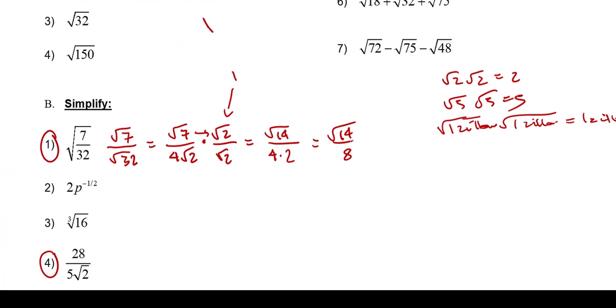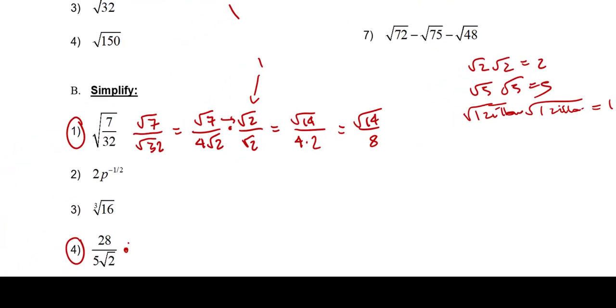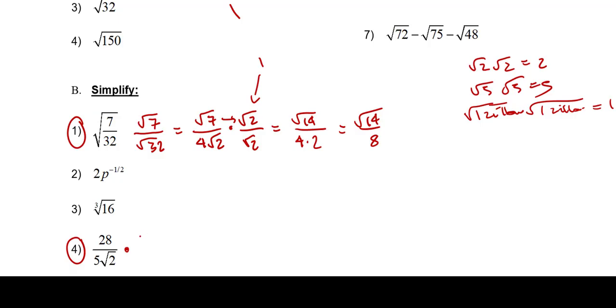And down at the bottom, same type of problem where I'm rationalizing the denominator. It's going to be multiplied by the square root of 2 over square root of 2 again. It's going to be 28 root 2 over 10. Now you have to simplify the fraction, and that's just going to be 14 root 2 over 5.